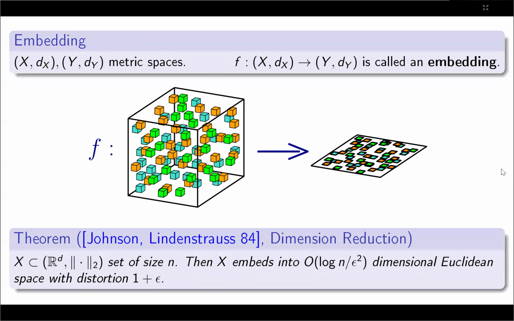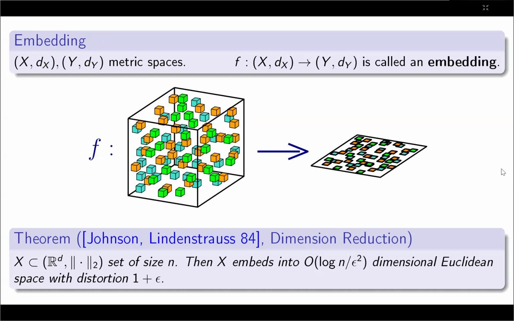Here is another Hall of Famer, Johnson and Lindenstrauss. Here you have some high-dimensional Euclidean space. Here I have only 3 dimensions, but think of something really large. They show that you can always reduce the dimension to log n over epsilon squared, while paying only a 1 plus epsilon factor. This is nice because now the highest dimension you can think about in Euclidean space is log n.